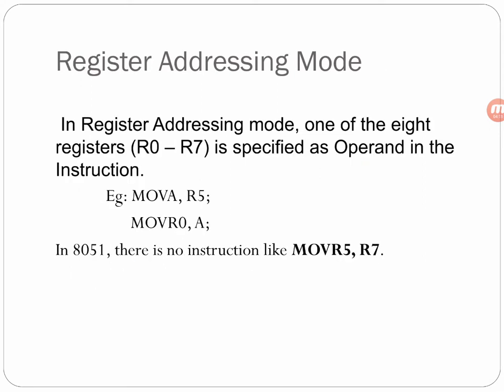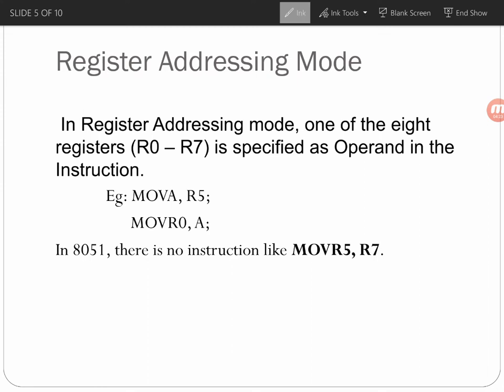Register addressing mode. In register addressing mode, one of the 8 registers R0 to R7 is specified as the operand in the instruction. We all know that 8051 has 4 banks: bank 0, bank 1, bank 2, bank 3. Each bank has 8 registers R0 to R7.